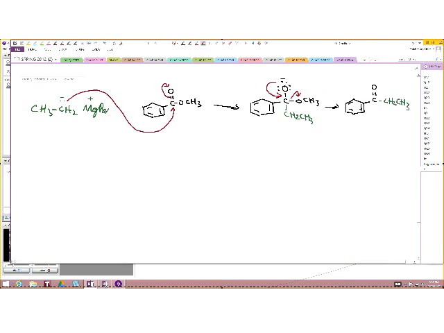Now, what is the name of this intermediate? How do you know which group is going to leave? Well, very good question. If the alkyl group should leave, we go back to the starting material. So that means we go nowhere, right? But we have to explain that we want to get the final product.